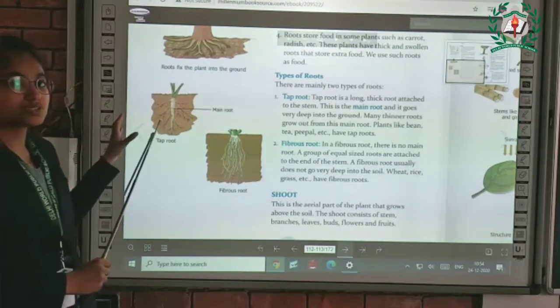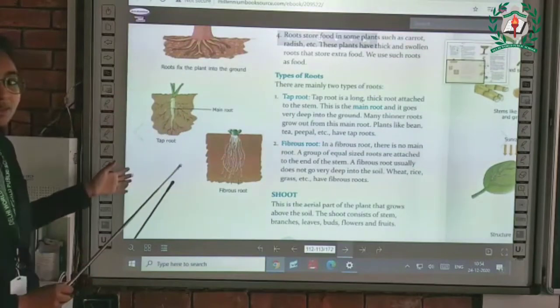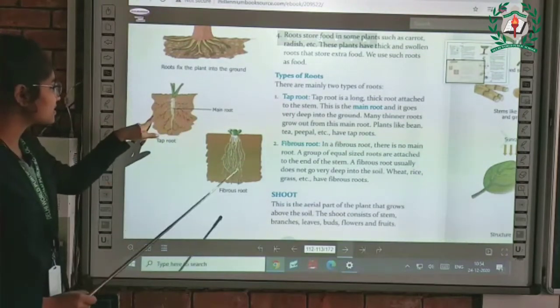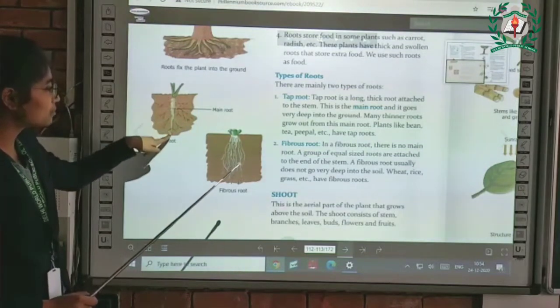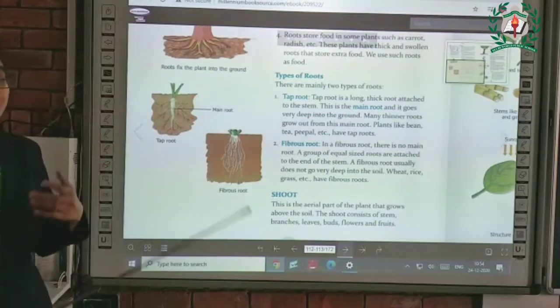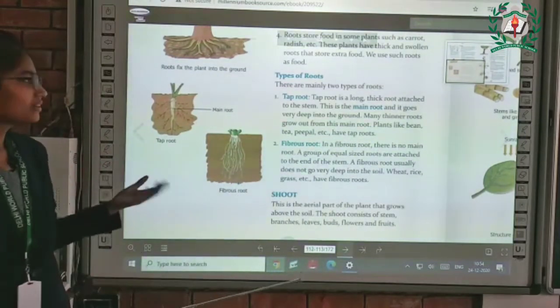And this type of root is called the taproot. The taproot mainly goes deep in the ground, and the small roots come from here. See this? This is the main root, and the small roots come from this main root. Plants like bean, tea, peepal have the taproot.